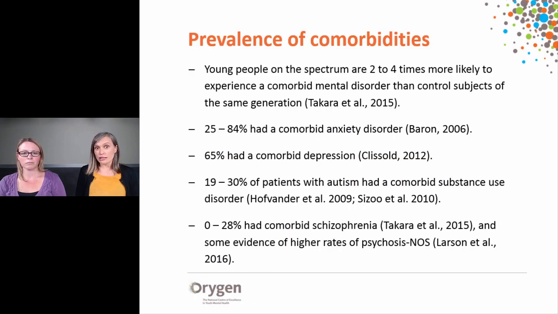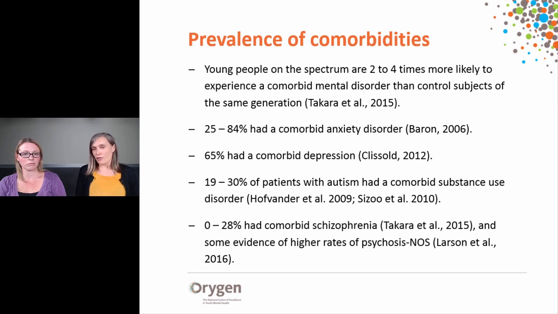So we'll have a look at exactly what these comorbidities are and how they present. But in terms of some of the overall prevalence statistics, we know that overall they're 2 to 4 times more likely to experience a comorbid mental disorder than control subjects of the same generation without an ASD. We know that comorbid anxiety is very, very prevalent.